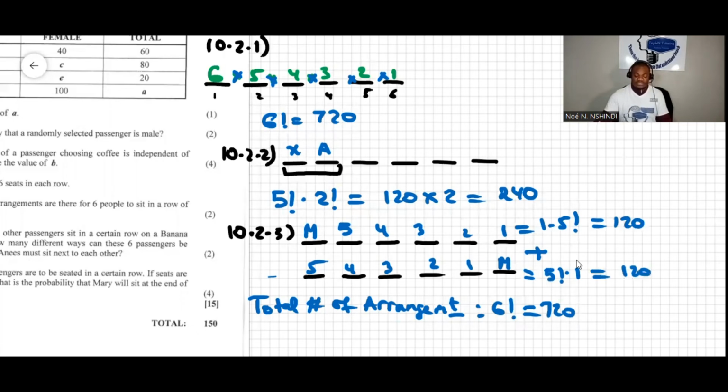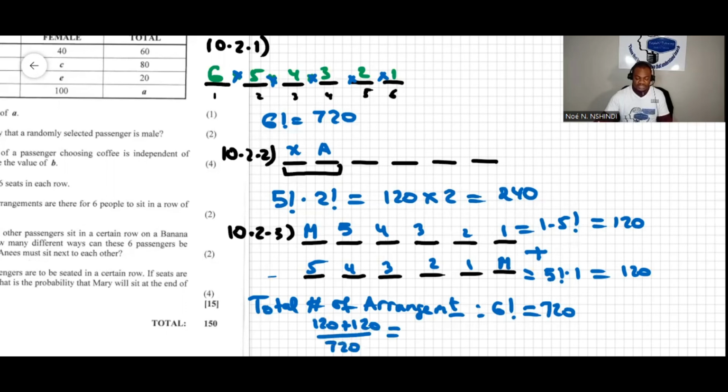Now, to calculate the probability, this will be the first condition plus the second condition, because Mary can be at the end of the row on the left, or at the end of the row on the right. So this is 120 plus 120 over 720.